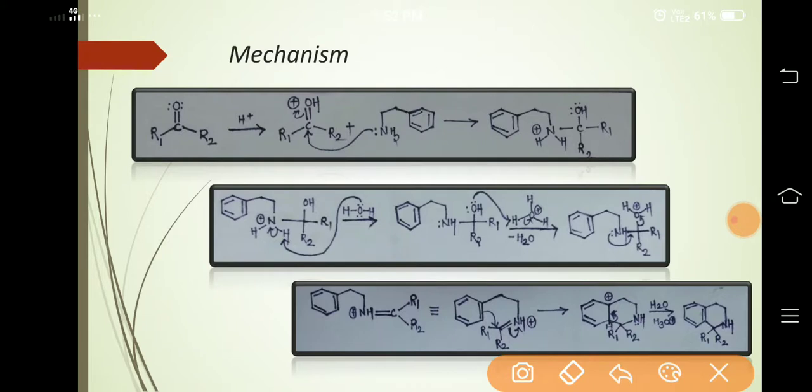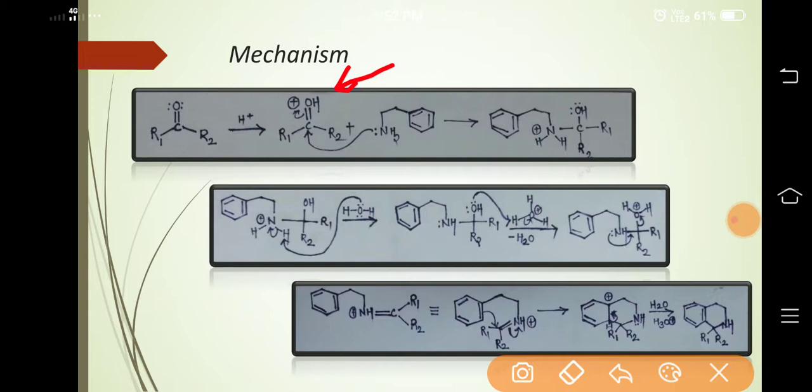In the first step, activation of the carbonyl of the ketone will take place. This carbonyl oxygen will abstract a proton from the acid medium present in the reaction medium and convert this carbonyl into a hydroxy group, which becomes positively charged, which activates the carbon also by generating a strong positive charge at the carbonyl carbon.